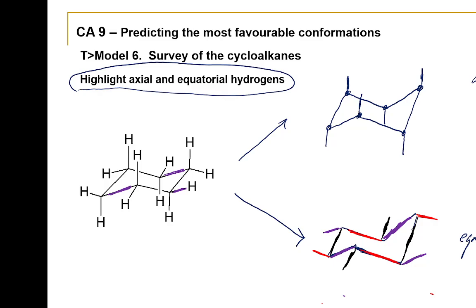So you have the bonds to kind of guide you in how you should be drawing those equatorials. Now, if it helps you to see what's going on with these, then it's not a bad idea to put the hydrogens on. There we are. And over here, I'll put my hydrogens on.